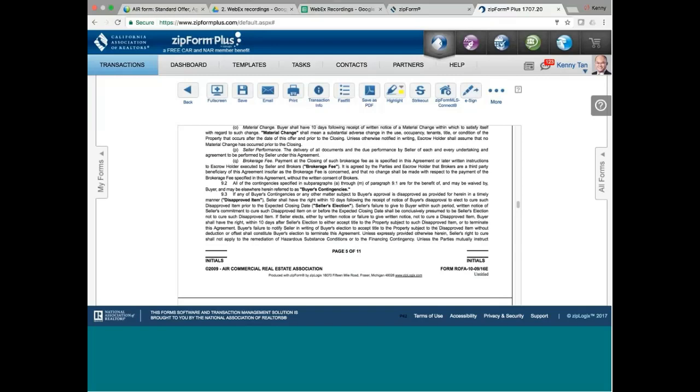Now, on the AIR form, if the buyer doesn't like what he sees on the title report, it doesn't mean the buyer has the right to cancel. All it means is the buyer has the right to demand the seller to correct the title. It is only when the seller refuses to correct the title, then the buyer has the right to cancel.